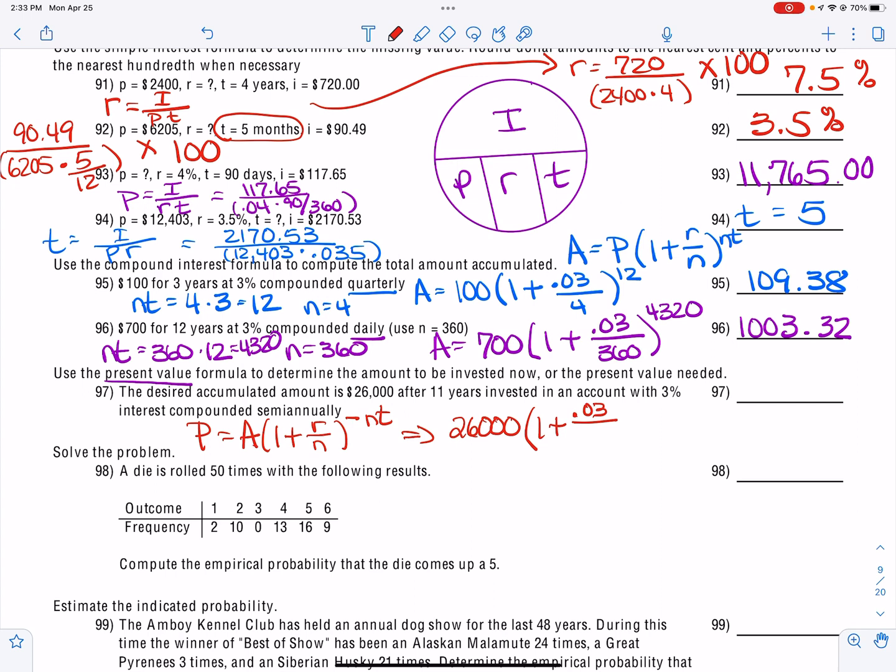My N is compounded semi-annually, which is 2, raised to the negative 2 times 11 years, or negative 22. And so when I do that, I will get $18,737.88. And that's going to finish up chapter 10.